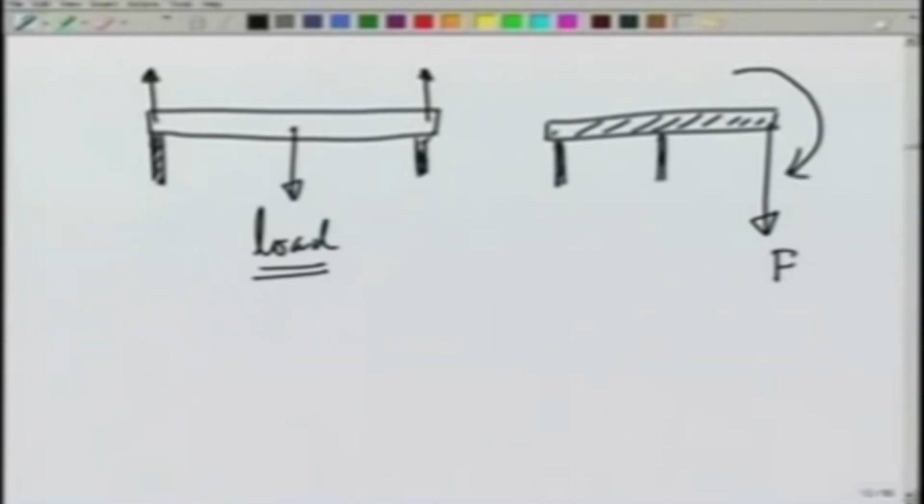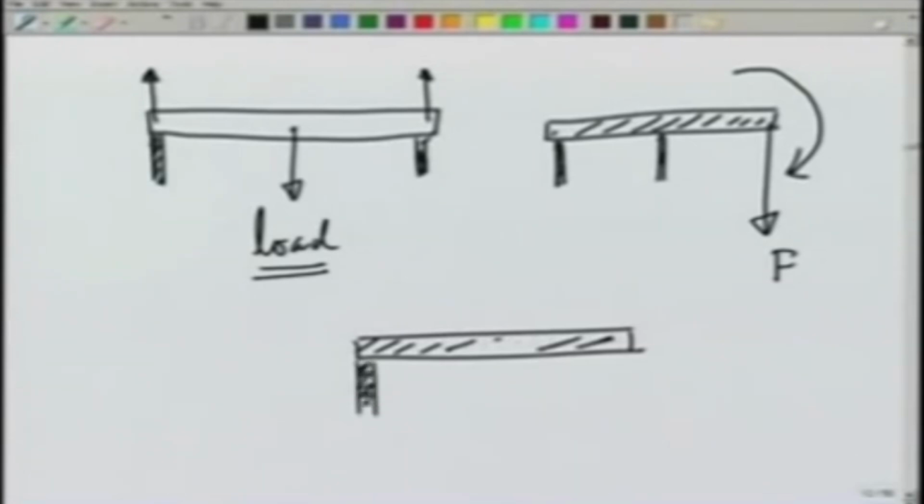Another effect that the force can have is, again looking at the same beam being supported by 2 supports, 2 pillars, if I apply a force here, it could bend like this. So, there are all sorts of things that a force can do besides just giving it a motion. It can make the body rotate or make it bend.